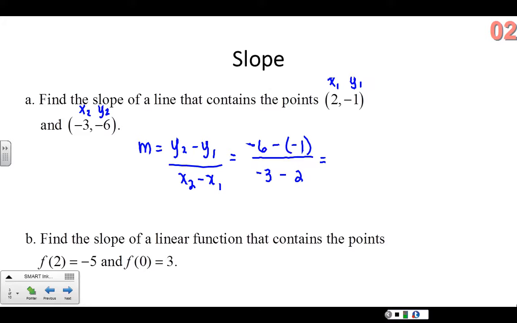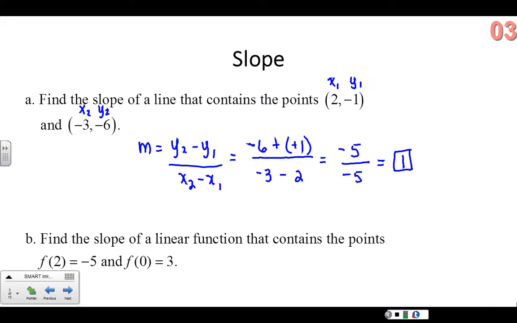On top, -6 minus -1, we know that's going to end up being +1. So -6 plus 1 is -5. Over, on bottom, you have -3 minus 2, which we know is also -5. So what happens there? -5 divided by -5. The slope of that line that contains those 2 points would just be +1.